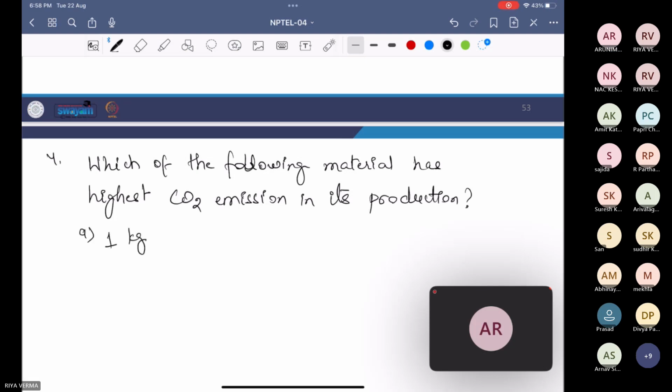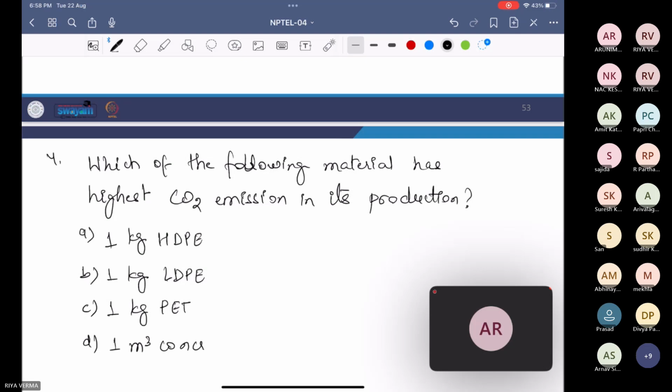A, 1 kg high density polyethylene, B, 1 kg low density polyethylene, C, 1 kg PET, and D is 1 meter cube of concrete.